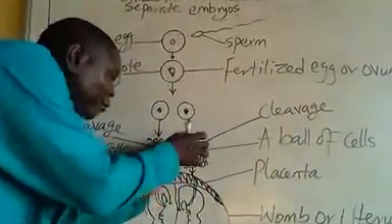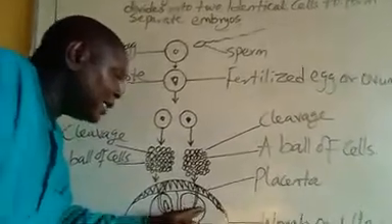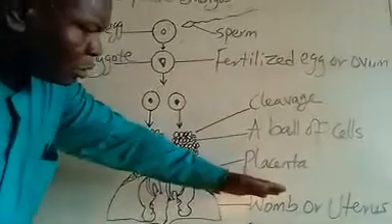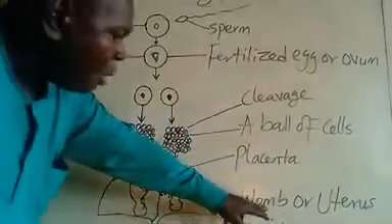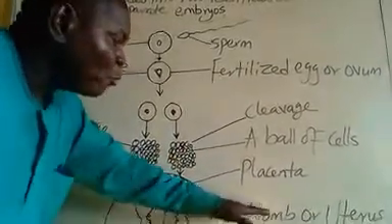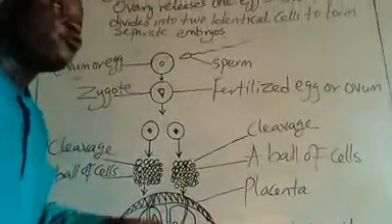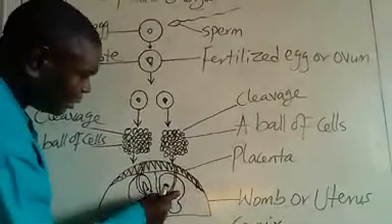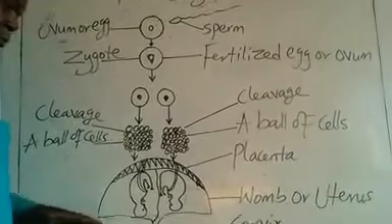Now, after this development, we could have a baby. Look at the baby here in the womb, or uterus. Here in the womb, we have two babies.